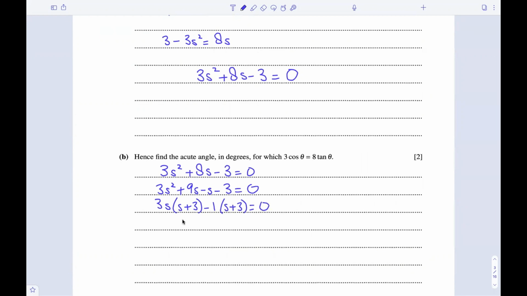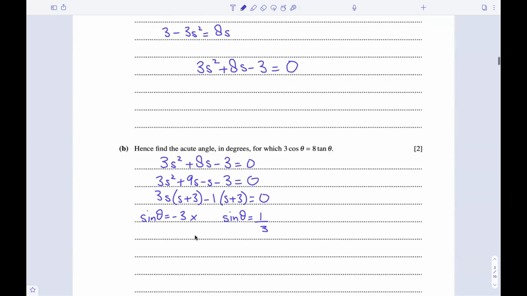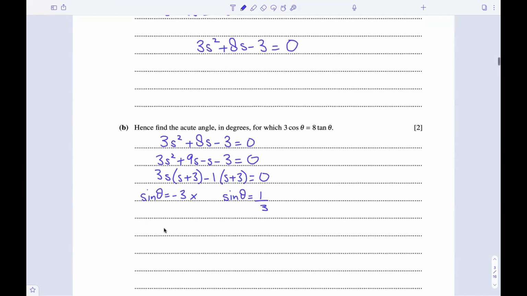As we know, sine cannot be less than minus 1, so sine theta is equal to minus 3 will be cancelled. And we have sine theta is equal to positive 1 upon 3. So taking sine inverse of 1 upon 3, we have 19.5. And as it only asks for the acute angle, the answer would be 19.5.